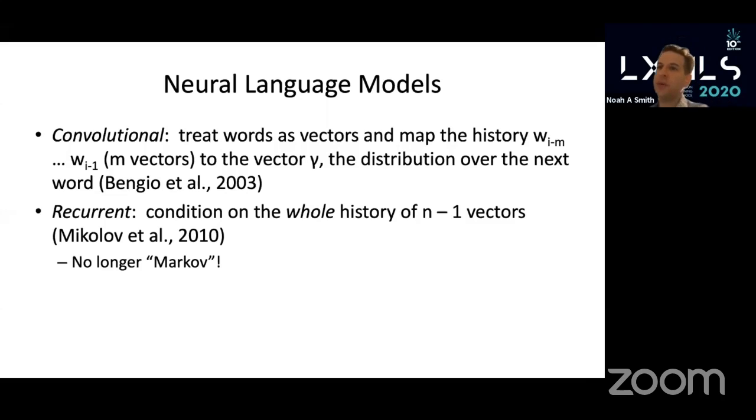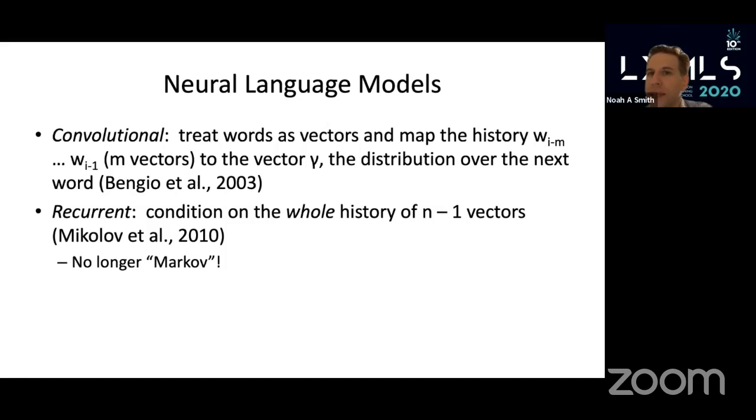The next stage came a few years later when people started using recurrent neural networks to condition on the entire history of n-1 vectors. And the way this works is that at each word, you define a distribution based on something called the hidden state, which is a calculated vector that depends on the whole history up till now. That hidden state is fed into a function called the recurrent function that gives you the next hidden state given the current word.